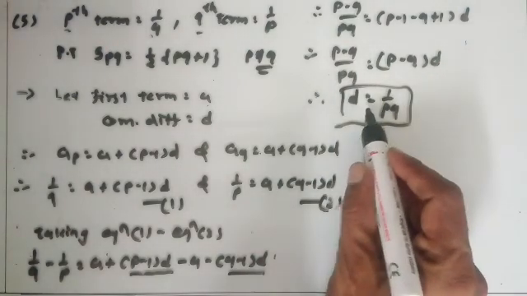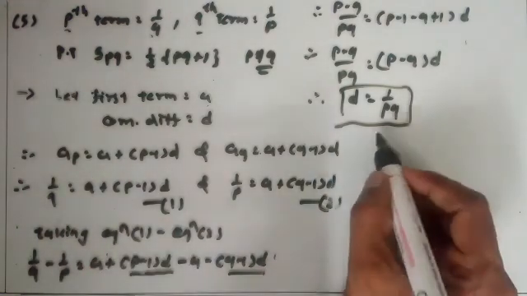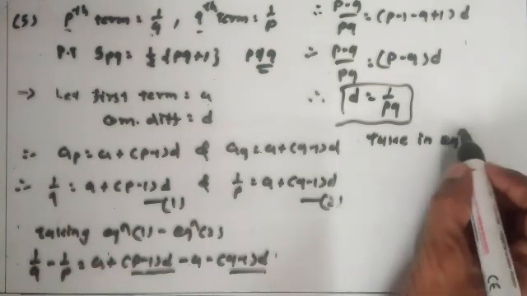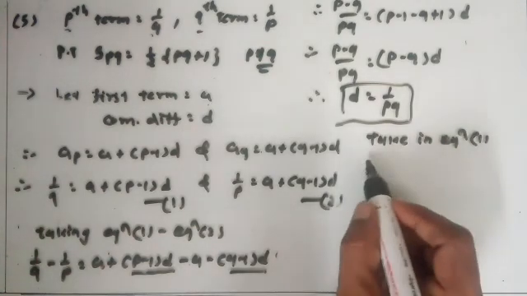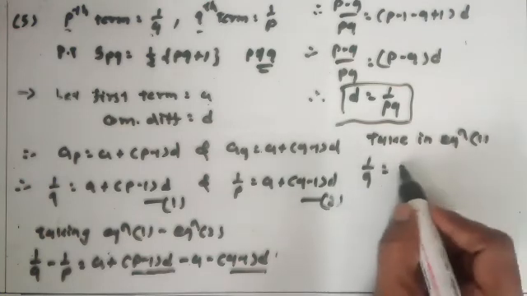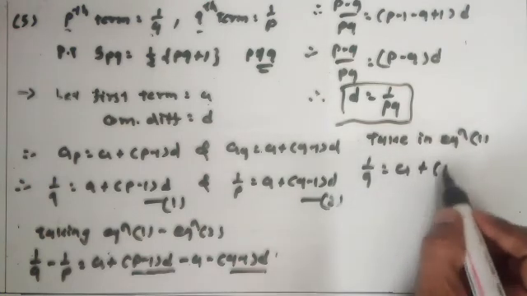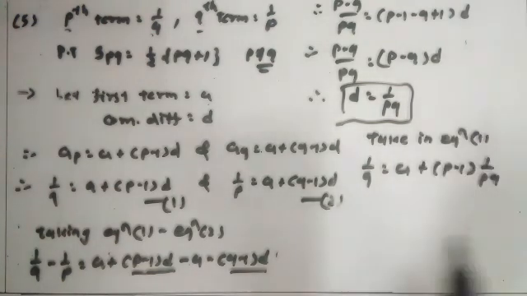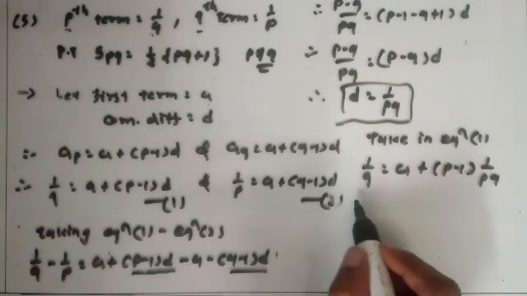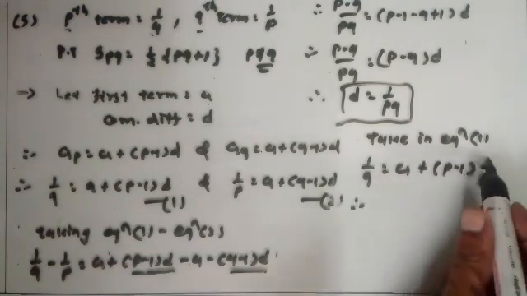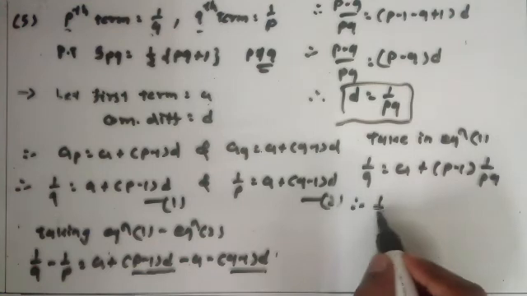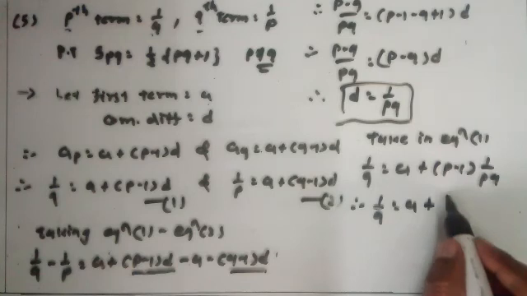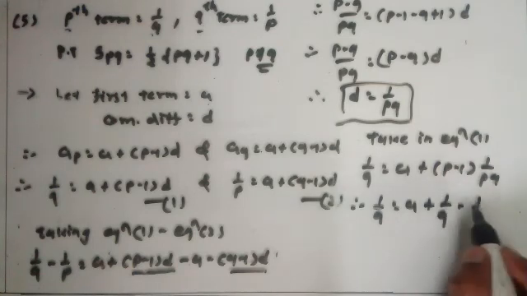Now take D is equal to 1 upon PQ in the first equation. So 1 upon Q is equal to A plus P minus 1 into D. D is equal to 1 upon PQ by this value. Therefore now simplify this. 1 upon PQ take inside, so 1 upon Q is equal to A plus P into 1 upon PQ, which becomes 1 upon Q, minus 1 upon PQ.